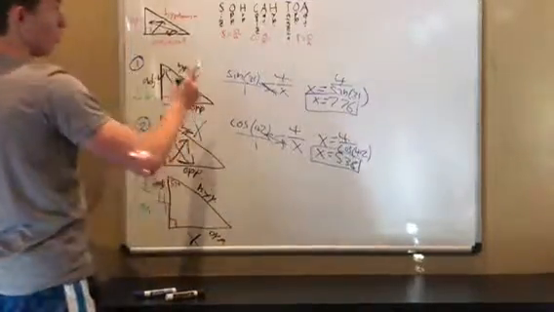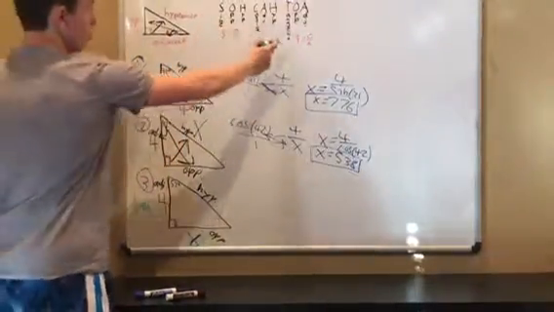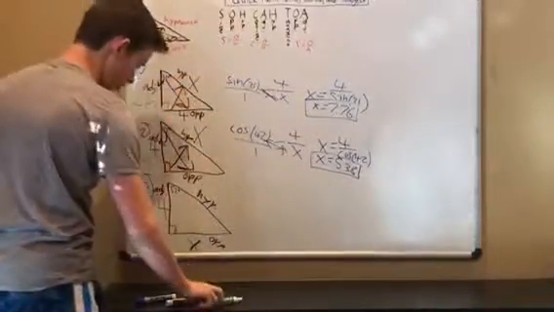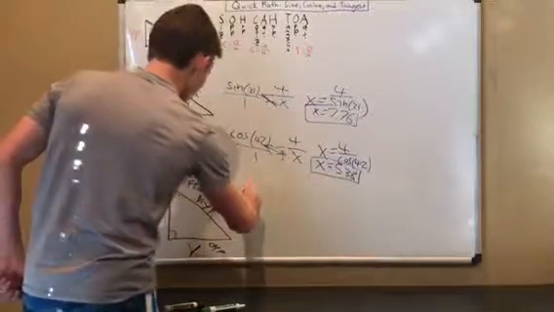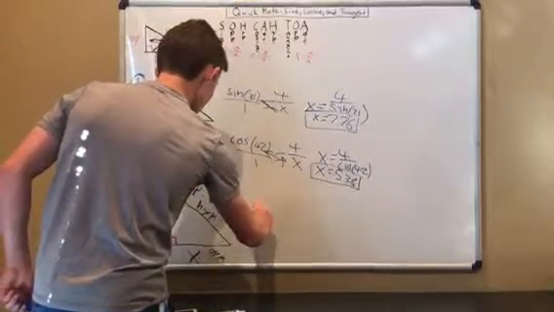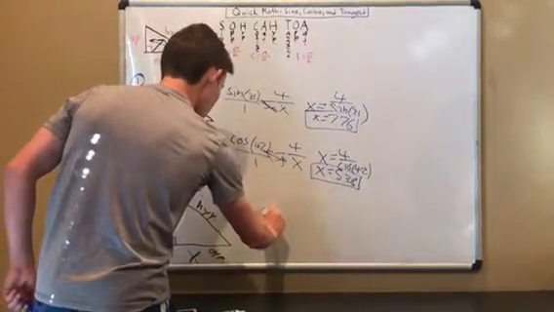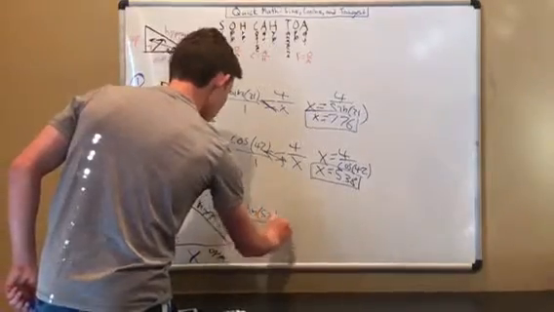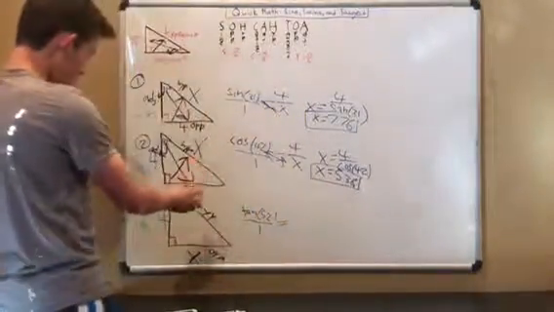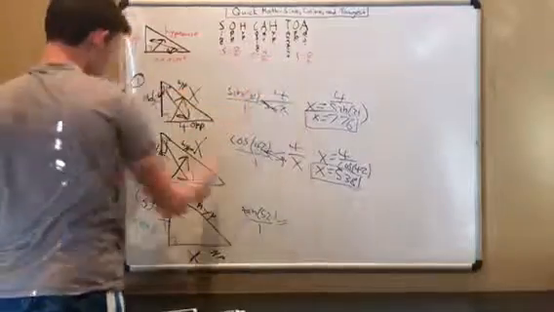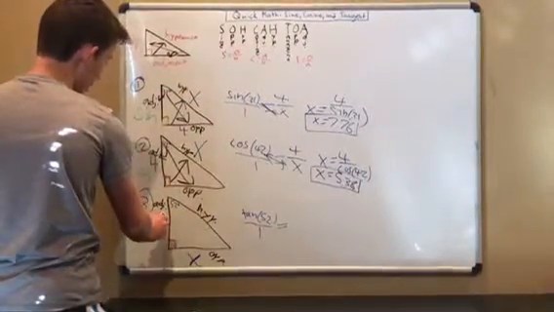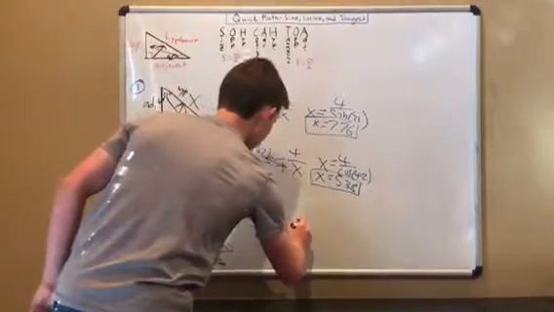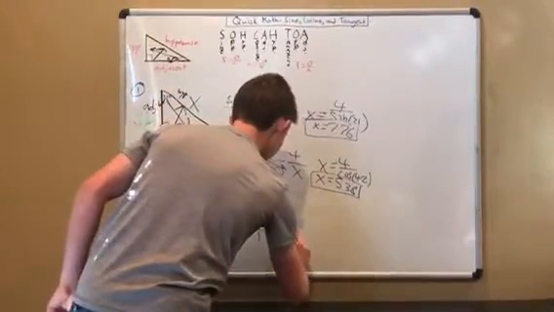Using SOHCAHTOA, on TOA, you set up your ratio: tangent equals O to A. So the tangent of 52 over 1 equals the opposite over adjacent. The opposite of 52 is x, and the adjacent is 4. So it equals x over 4.